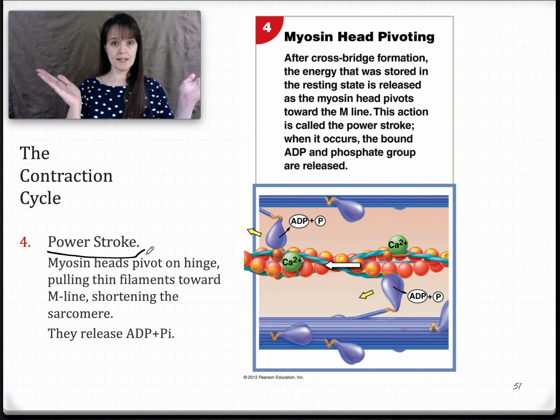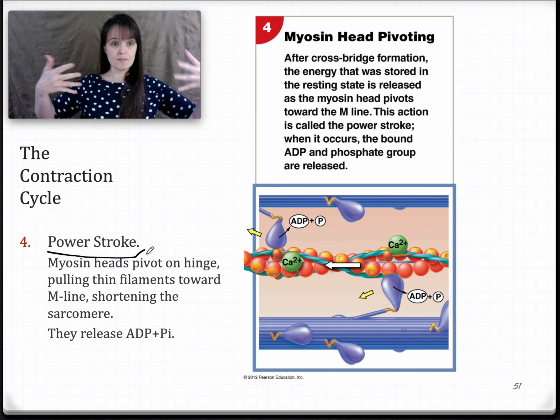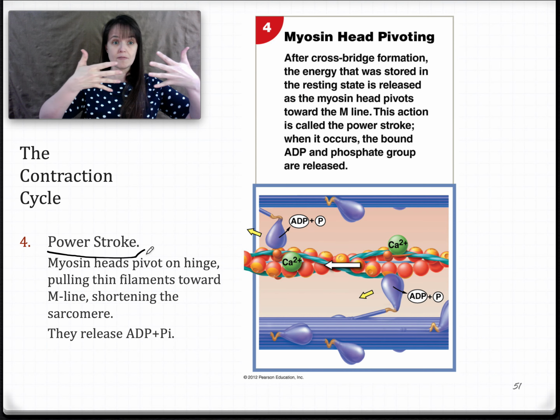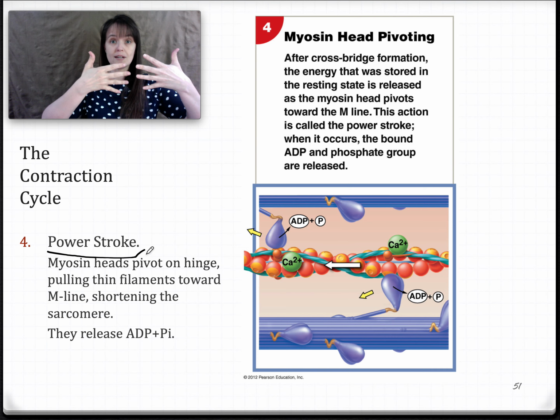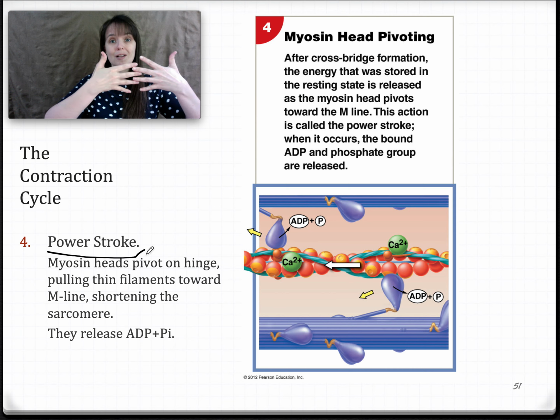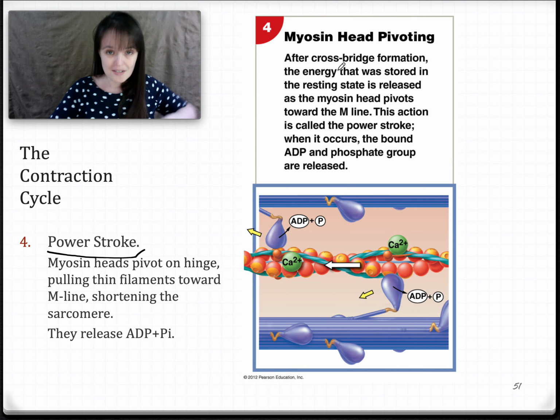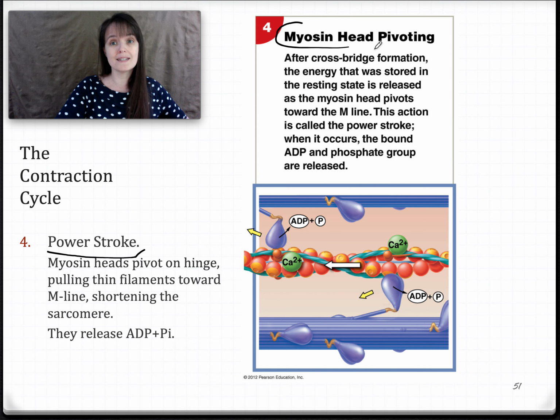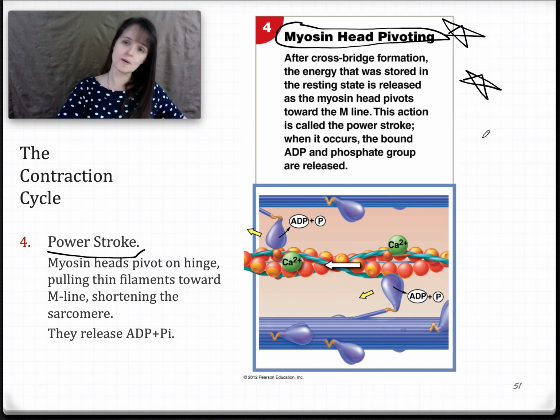So when my hinges pivot, I'm bringing all those thin filaments closer to the M line. And the thin filaments are attached to the Z lines, so the Z lines get closer together. So it is this myosin head pivoting that is the muscle contraction. This is the part that actually makes the muscle get shorter.